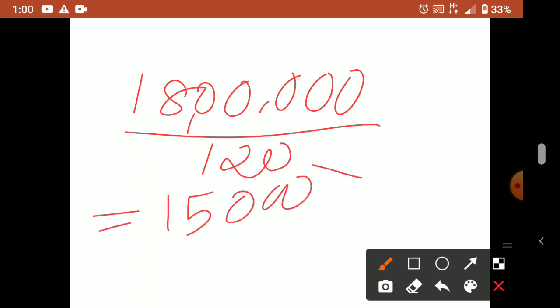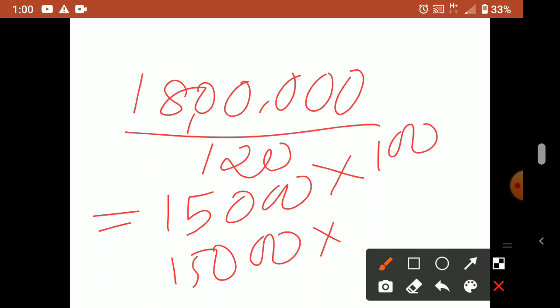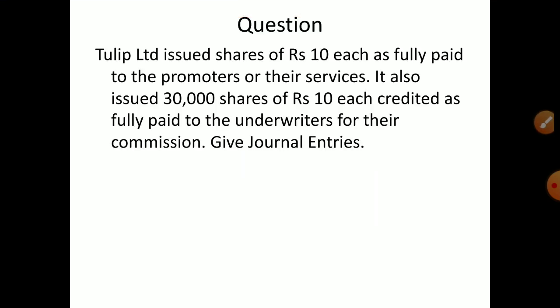Okay, so 15,000 into 100 will go to share capital, then 15,000 into 20 will go to premium. Okay, so 120 we have to separate, 100 separate, 20 separate, meaning face value separate, premium separate.